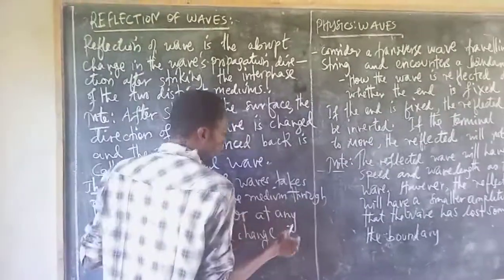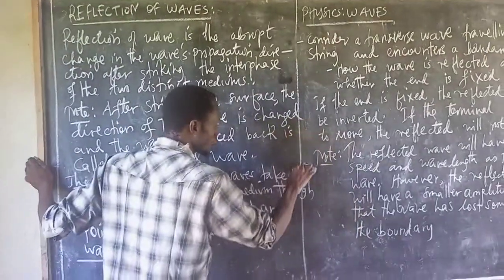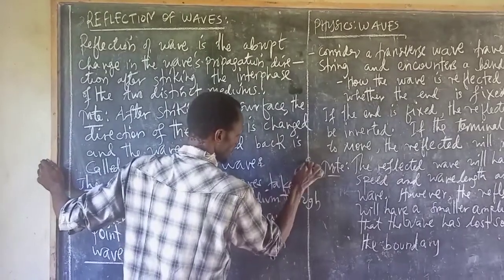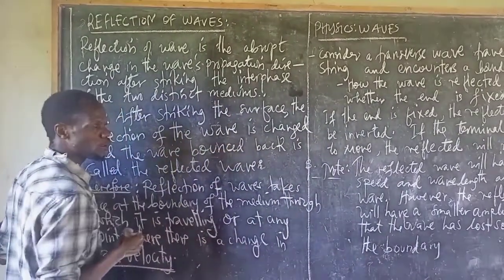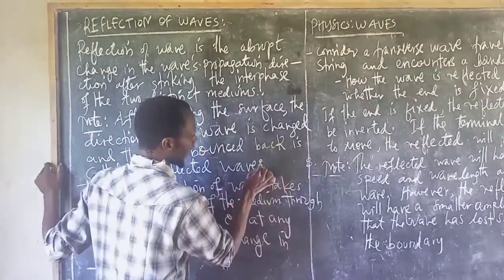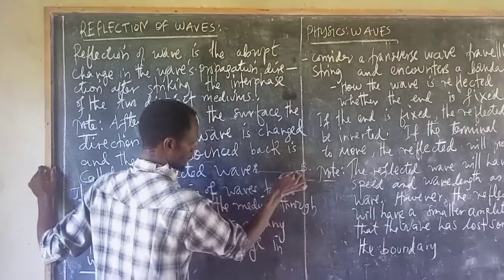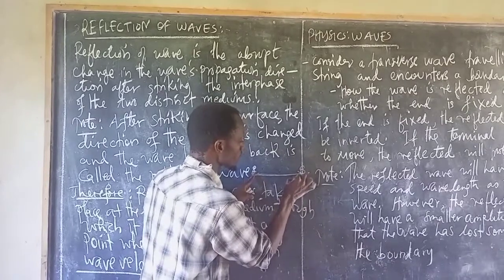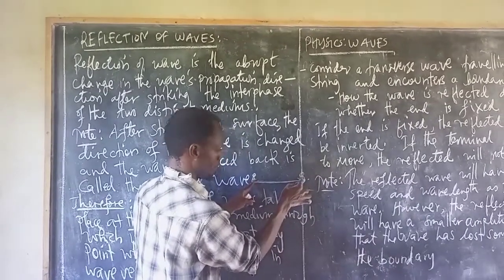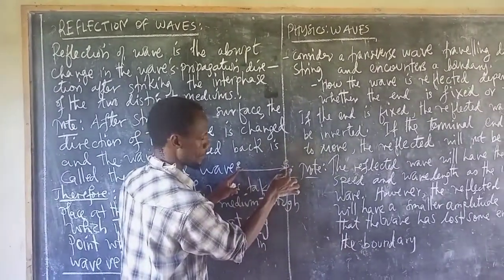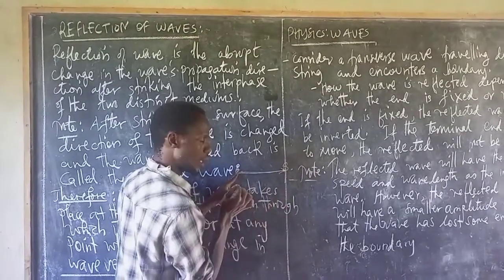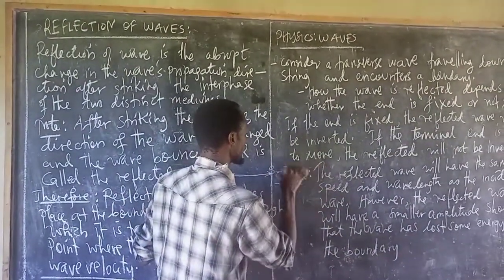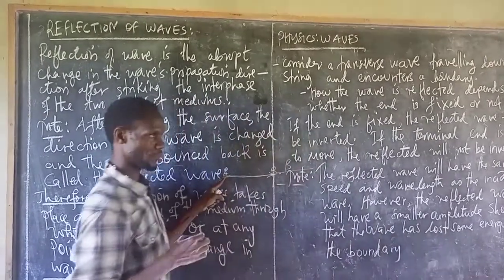Because the wave is moving from point A to point B, in this direction. Once it hits or strikes the other medium, due to the change of medium, some of the wave will be transmitted to the new medium, that is medium B, let's say.